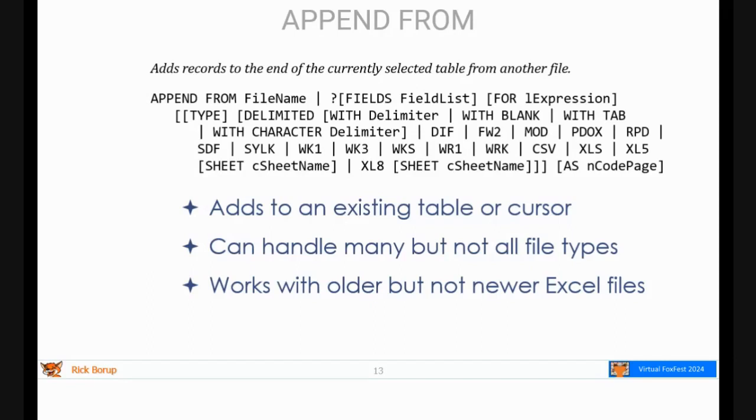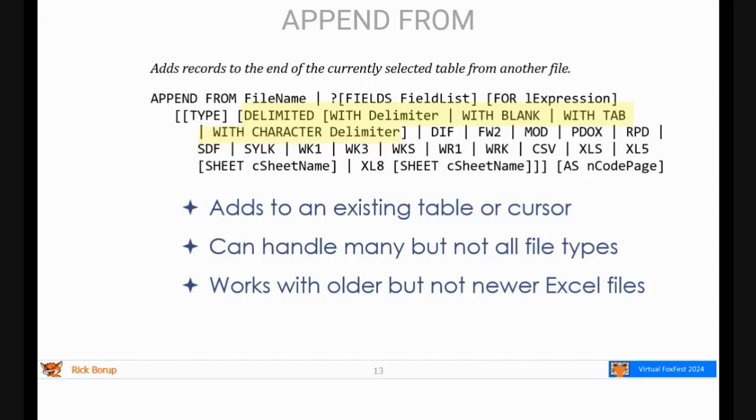There is a clause in the APPEND FROM command that I want to highlight, and that's the DELIMITED clause. This one can be a little confusing, so I'm going to spend a few minutes explaining what it's all about. Even the help file description gets a little confusing when it uses both the term delimiter and the term separator.